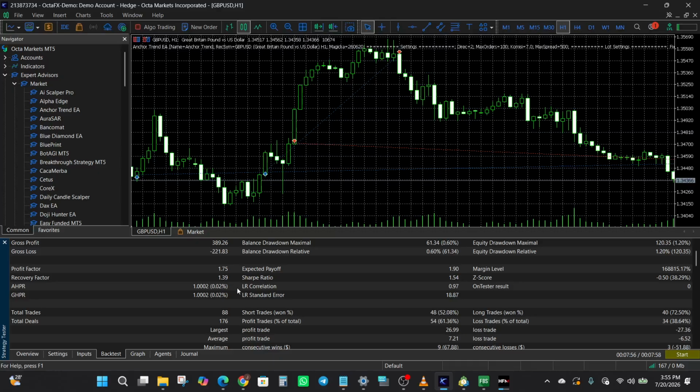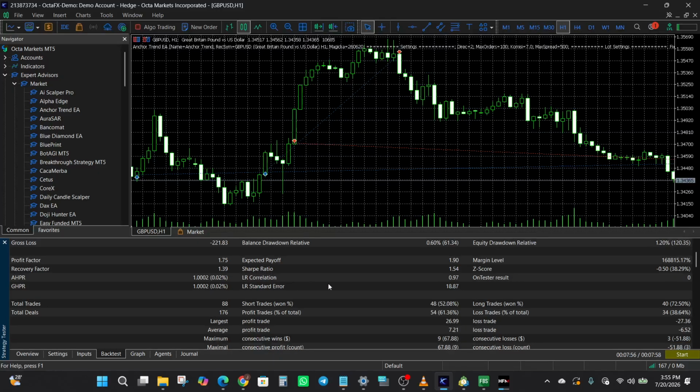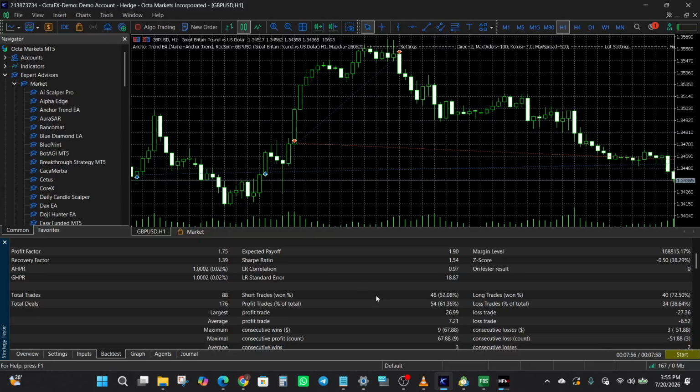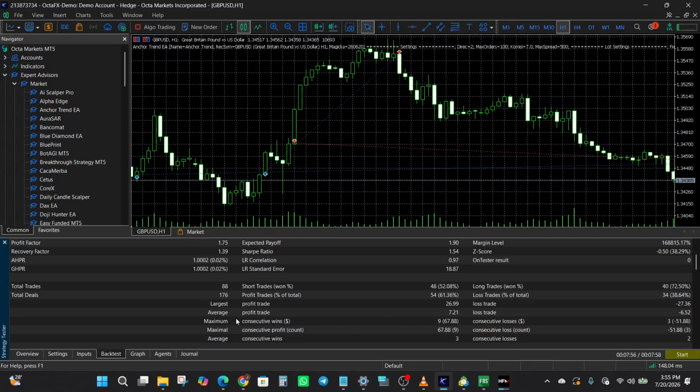Okay, the average winning and losing trade sizes came out fairly close to each other, with the healthy win rate carrying the overall result. Here we can see that the average profit was $7.21 and the average loss was $6.52. So the difference wasn't so much. Okay.